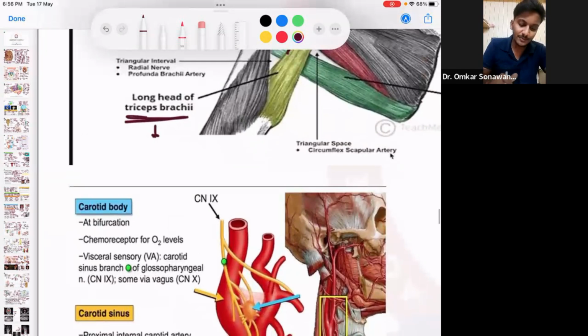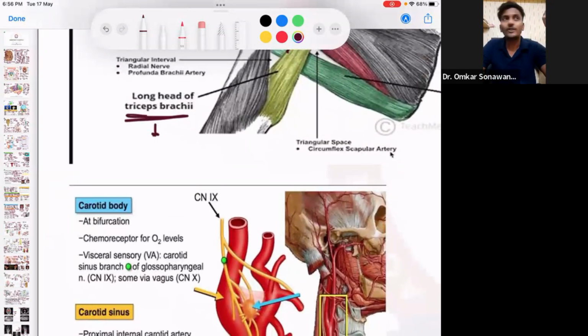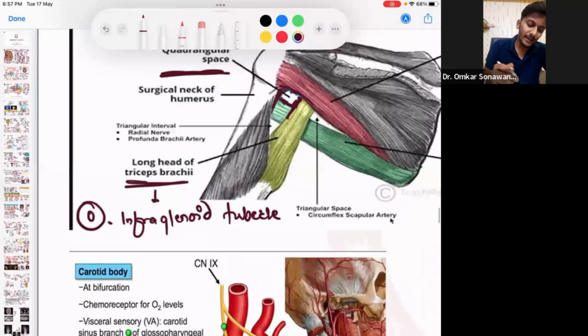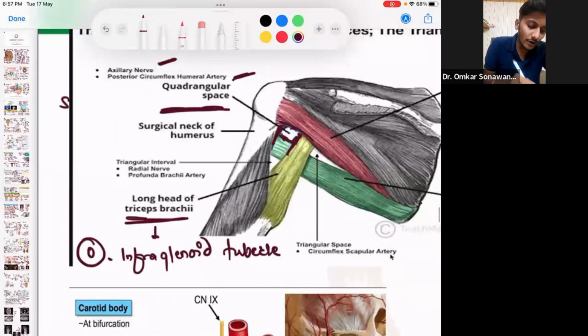Long head of triceps brachii. It usually originates from the infraglenoid tubercle of the scapula. So what originates from the infraglenoid tubercle? Long head of triceps brachii. And what originates from the supraglenoid tubercle?